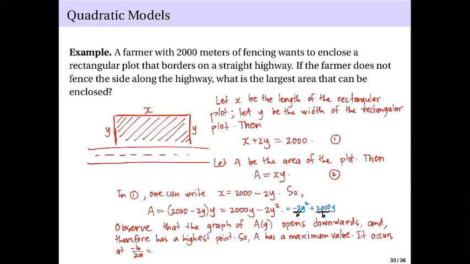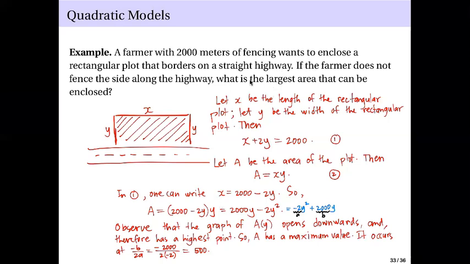So negative B over 2A, the negative B, you have now negative of 2000 all over 2 times A, which is negative 2. And notice, you will have here negative 2000 over negative 4. And this is equal to 500. Correct? Yes. Thank you. So, the maximum value of A occurs when your y equals 500.